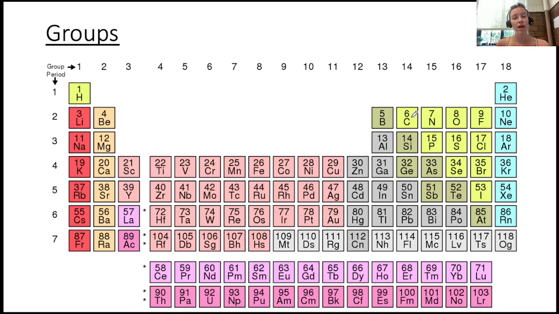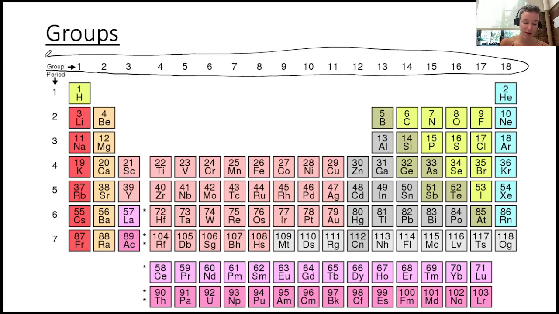Now when we look at the periodic table, and we'll talk about this more next time we are together, it is going to be important to think about the rows and the columns of the periodic table. So we have the group number, defined from left to right.